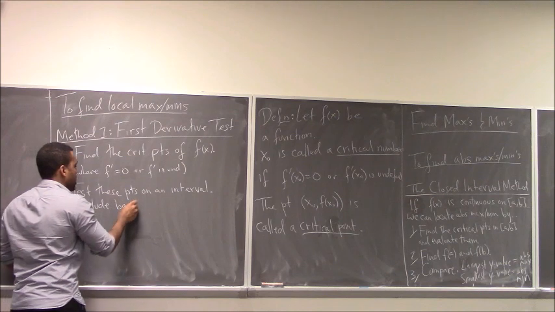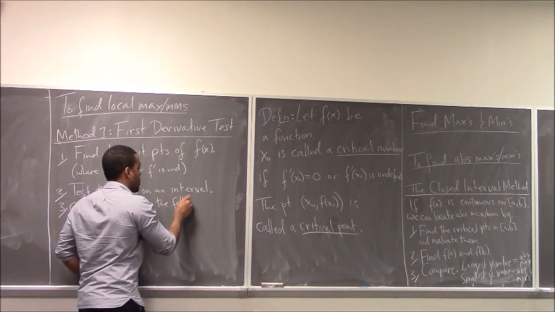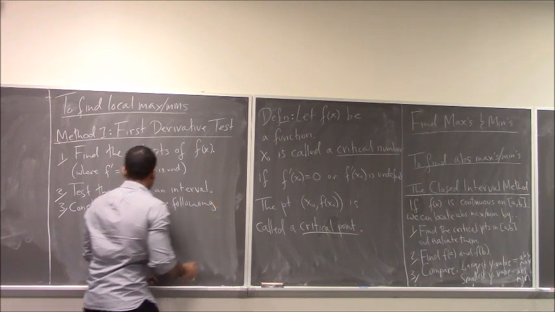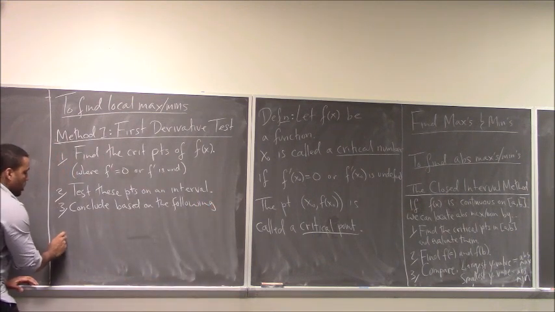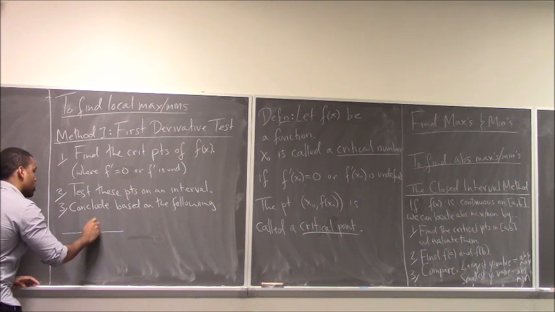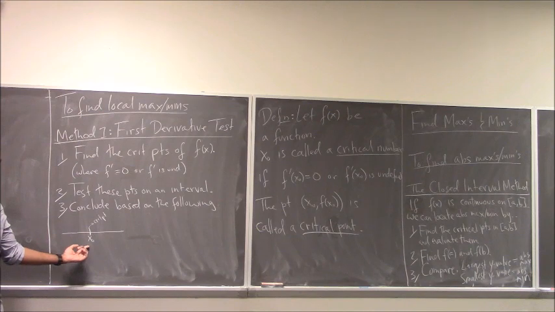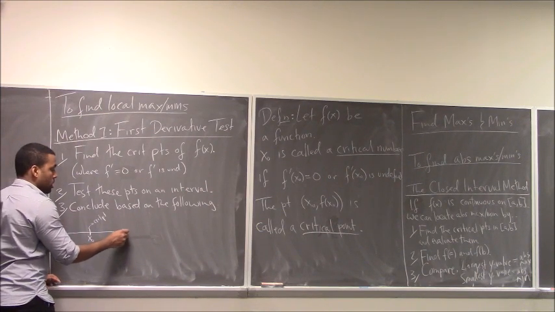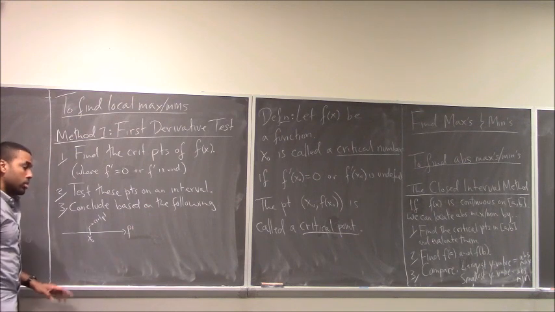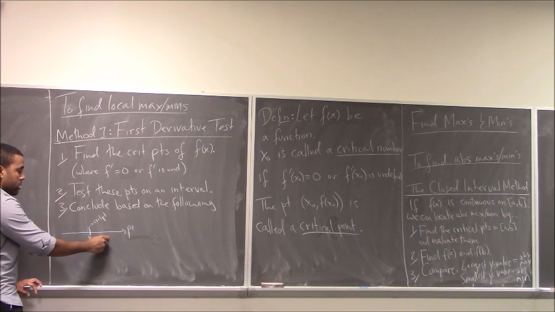Conclude based on the following. So again, let's say you find a point x naught, that is your critical point. This is a point where the derivative is 0 or undefined. What you're going to do is test it on an interval in the first derivative. So you're going to pick a point slightly to the left and slightly to the right.